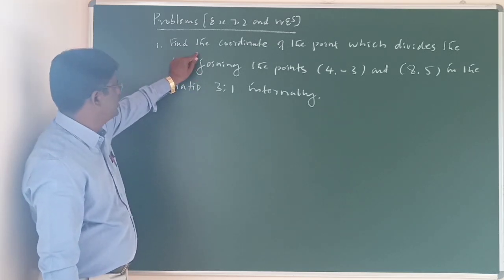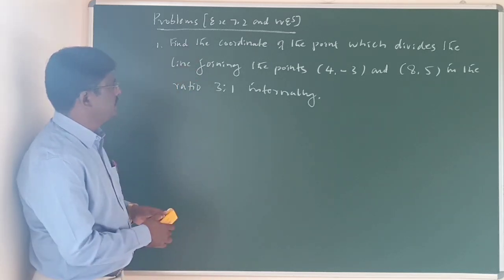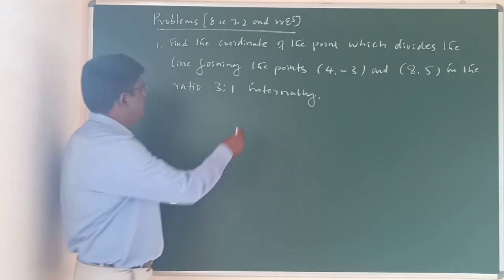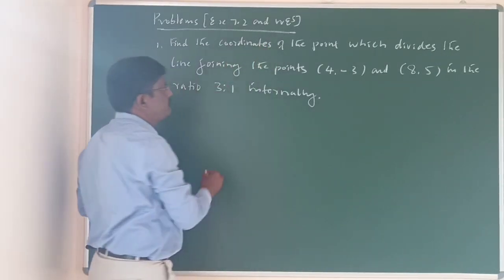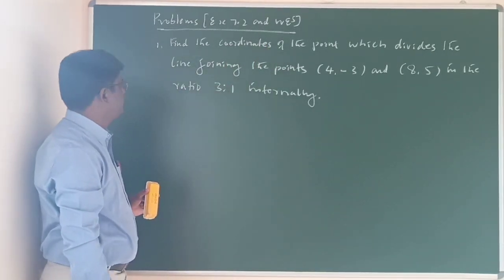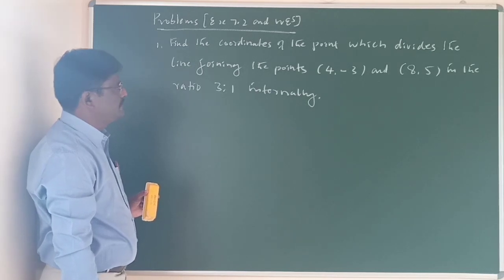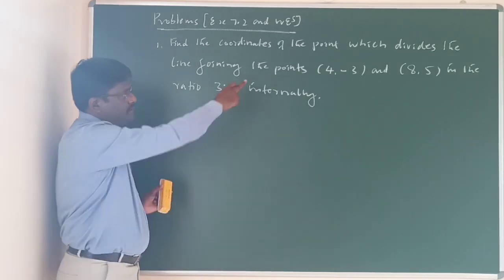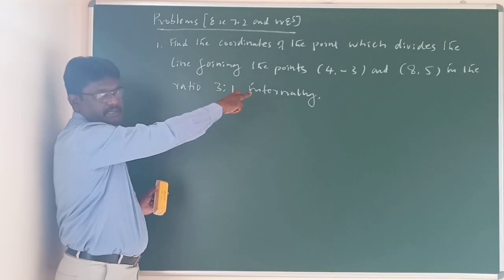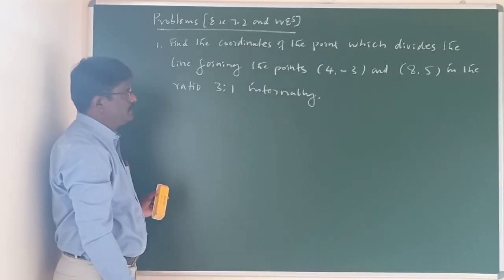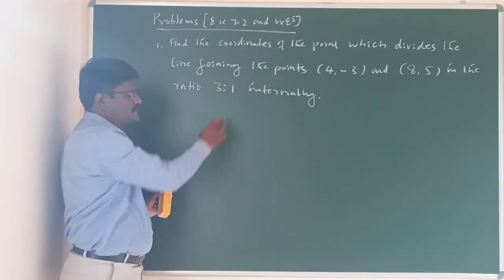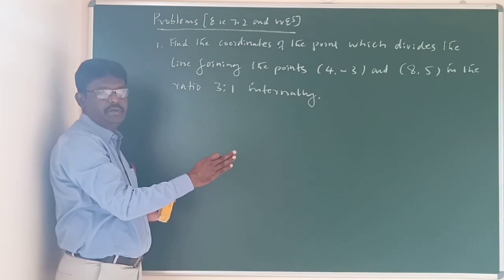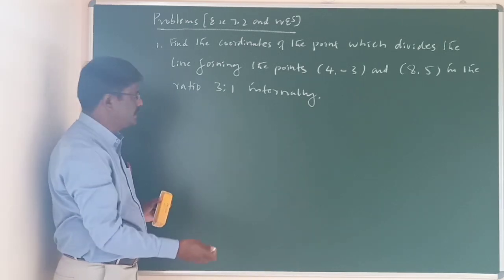Now a problem on that: find the coordinates of the point which divides the line joining the points A(4, -3) and B(8, 5) in the ratio 3:1. The point P(x, y) is what we have to get.